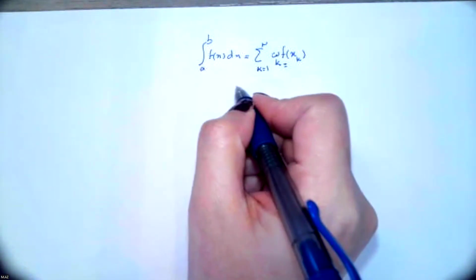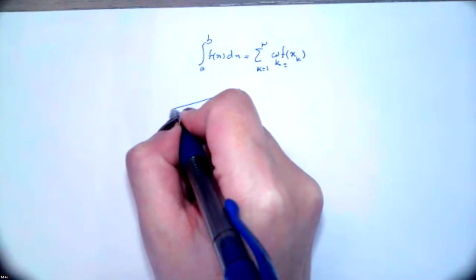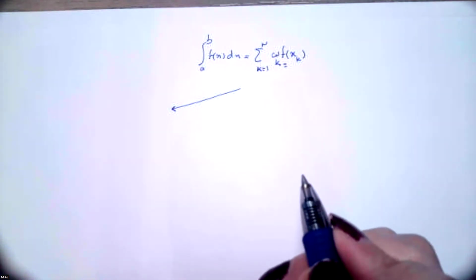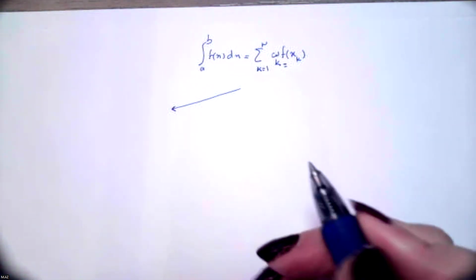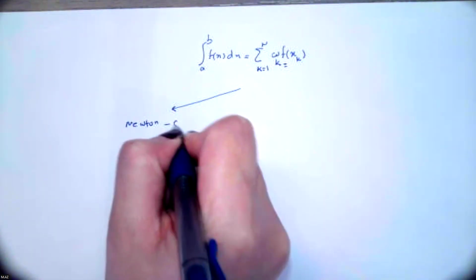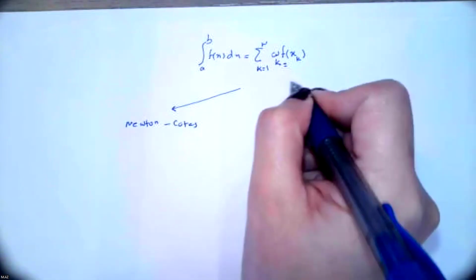In general, we have three main categories for solving these problems. The first category is the Newton-Cotes method.